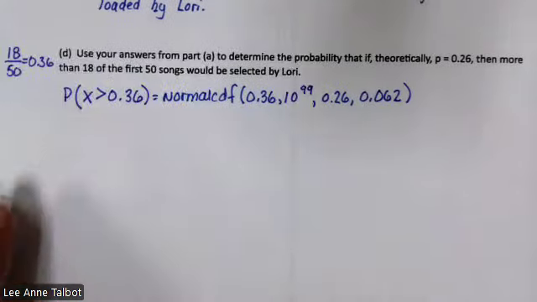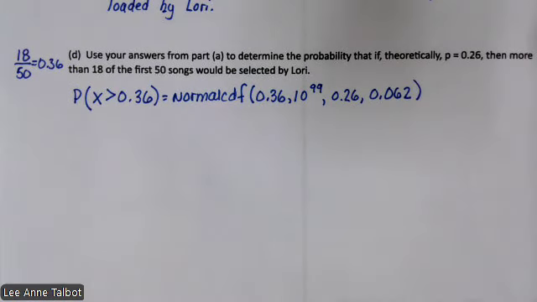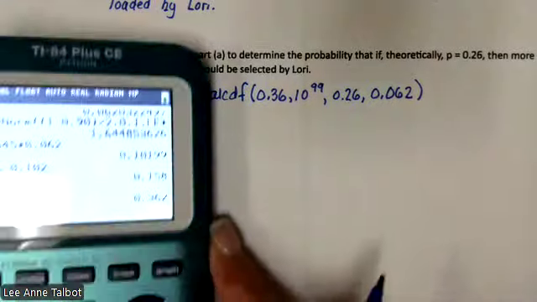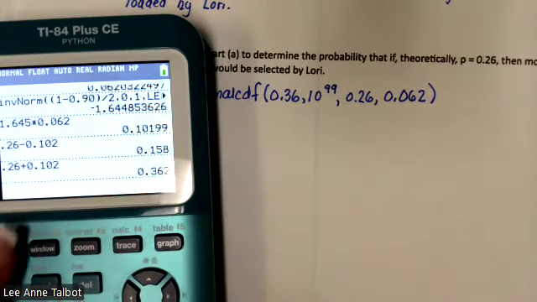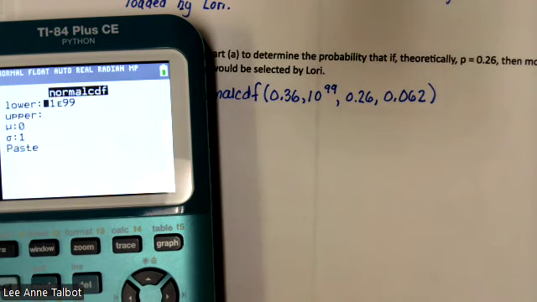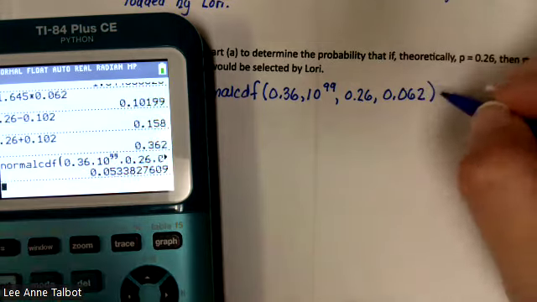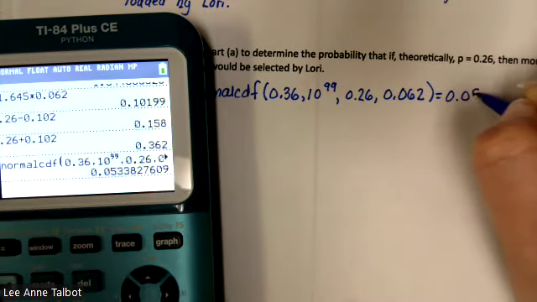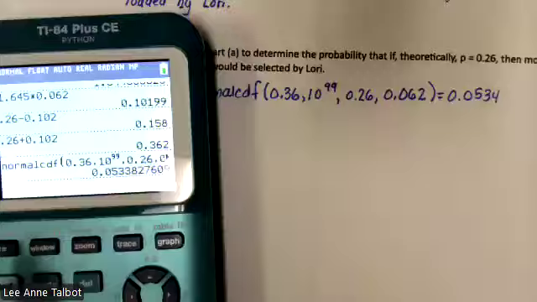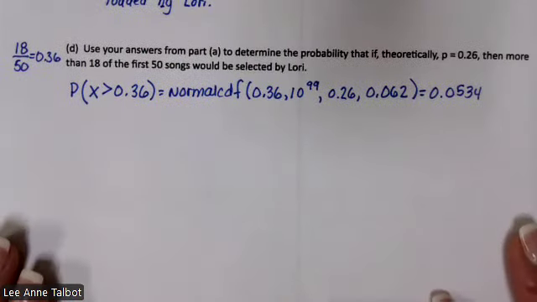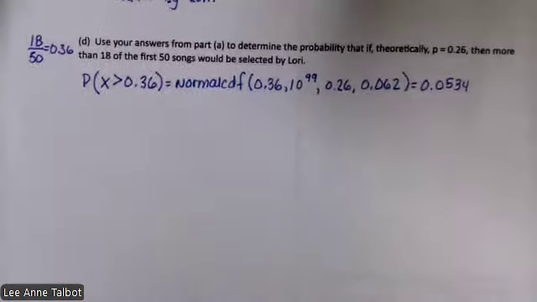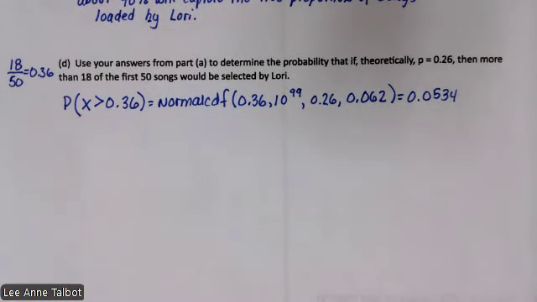Does that look right? No. About a 5% chance that more than 18 of the first 50 songs would be selected by Lori. Done.